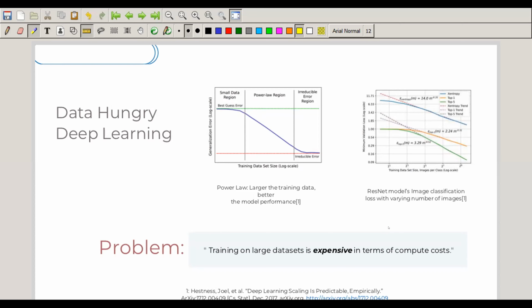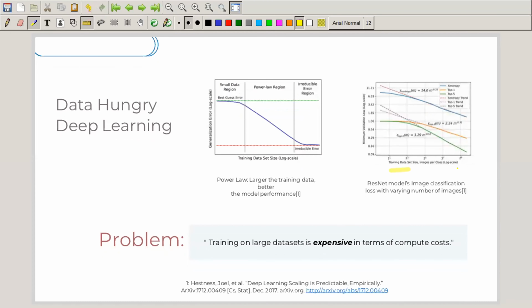But coming up with a large labeled data set is time consuming and expensive, and also creates a major bottleneck for people in low resource environments, completely new settings. If you want to adapt, it becomes challenging.